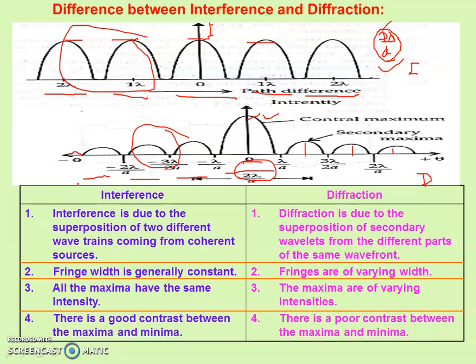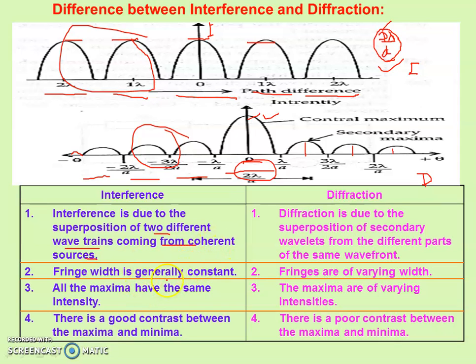Now we are summarizing these factors. Interference is due to superposition of two different wave trains coming from coherent sources. Right? Since there are two sources, coherent sources means sources having the same frequency and wavelength and constant phase difference with time.